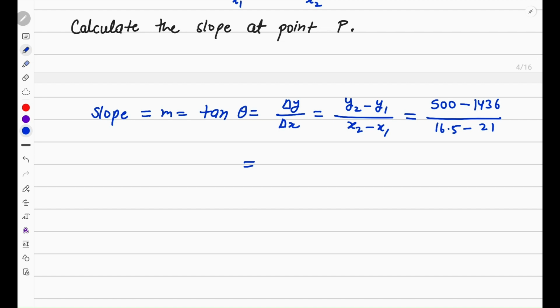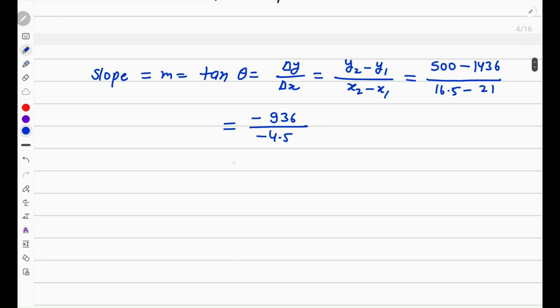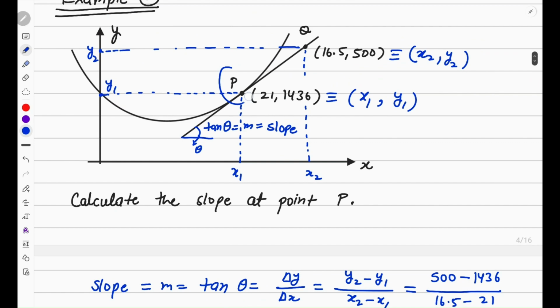So the difference is minus 936 over minus 4.5, and it is equal to 208. So this is the slope of the curve at point P.